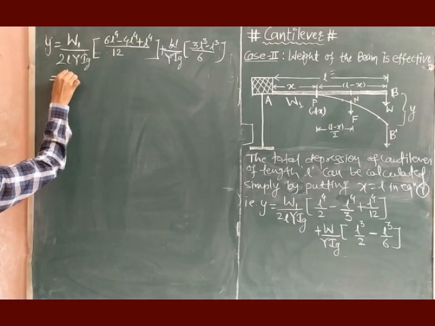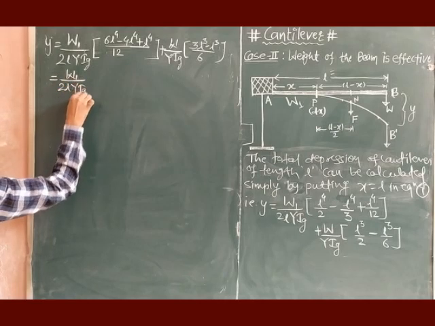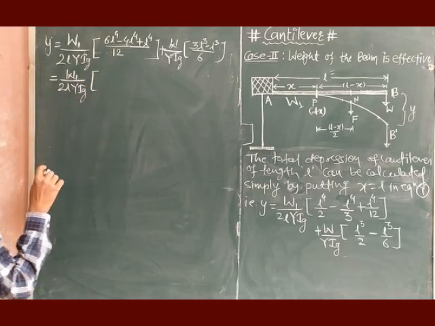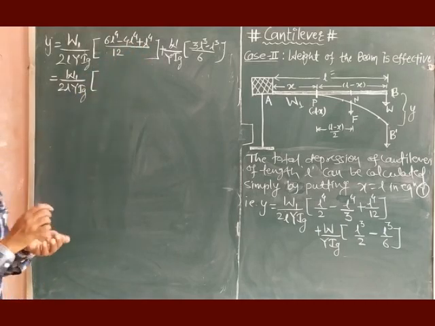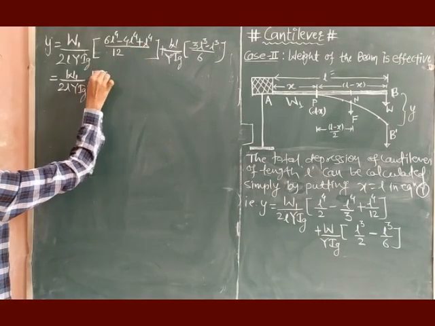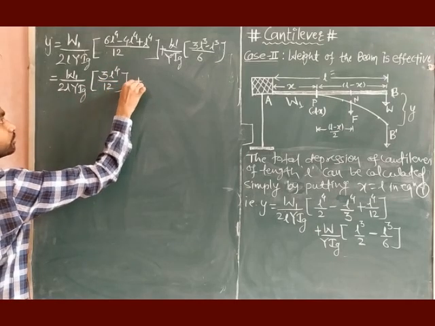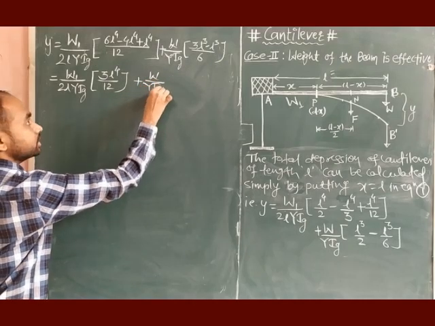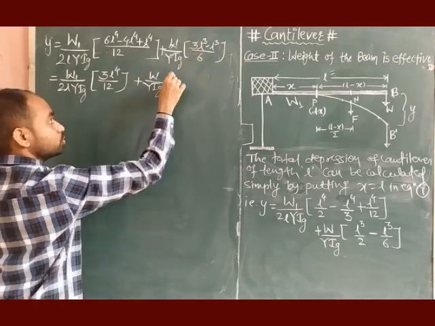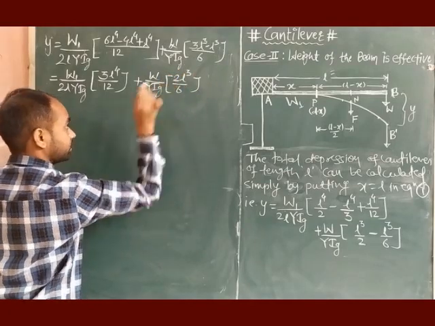So what we get is W1 divided by 2L YIG in bracket. So 6 L power 4, 6 minus 4, 2, 2 plus 1, 3 L power 4 divided by 12. We will include one more step, and second W divided by YIG, right? 3 minus 1, 2, 2L cube divided by 6, right?